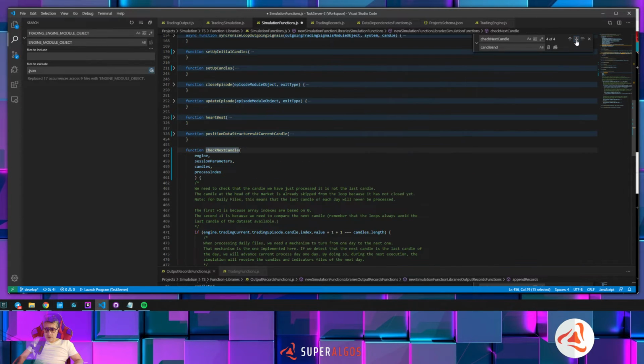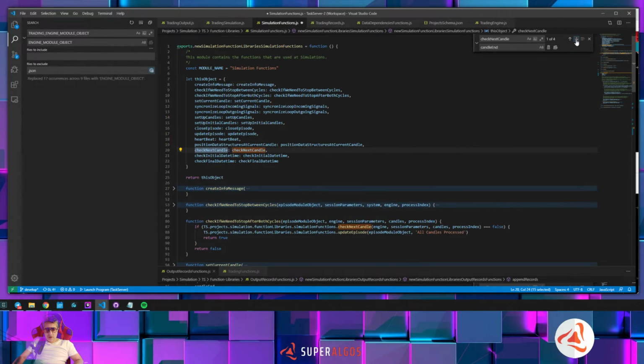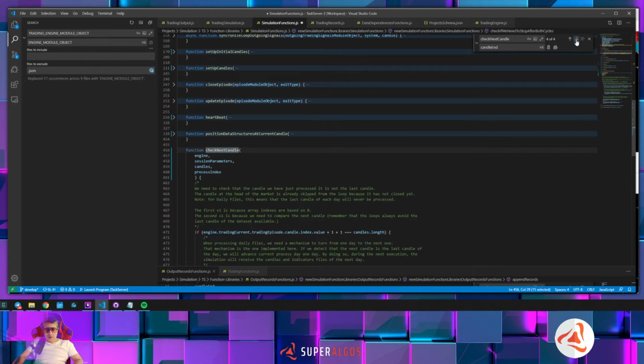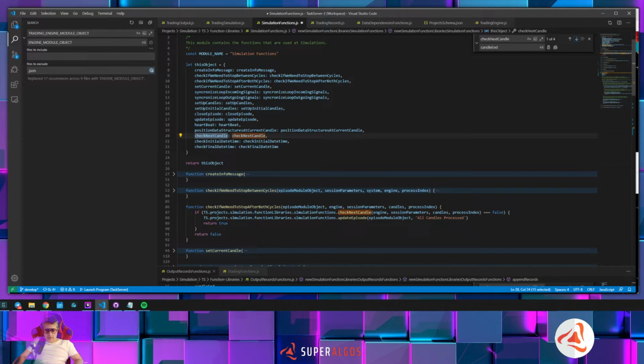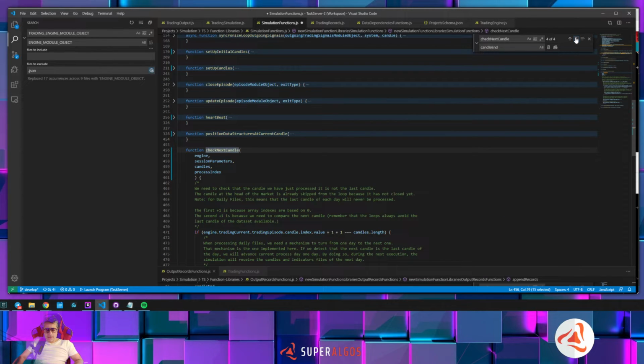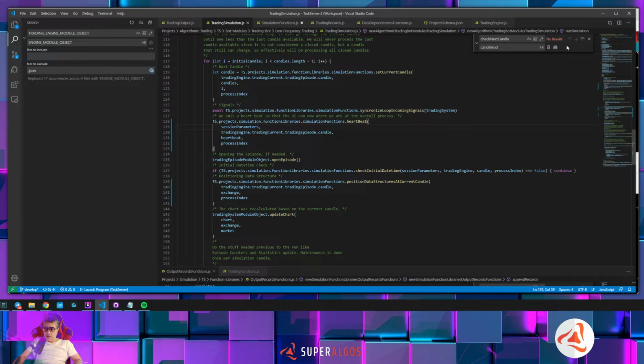So this is executed internally from here. And it's not needed from here because there is no stuff there.